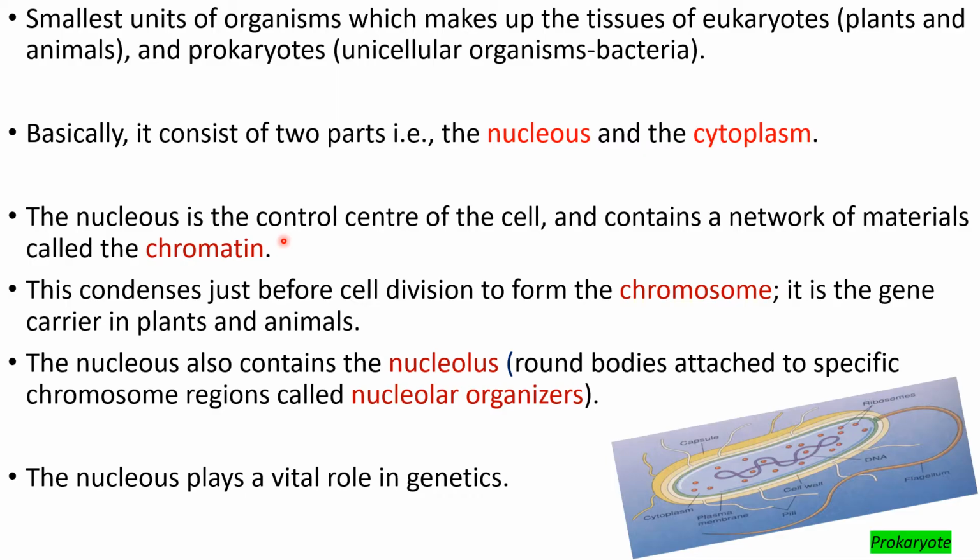This chromatin condenses just before cell division to form the chromosome, and the chromosome is the gene carrier in plants and animals. The nucleus also contains the nucleolus. These are round bodies attached to specific chromosome regions called nucleolar organizers. The nucleus plays a vital role in genetics.